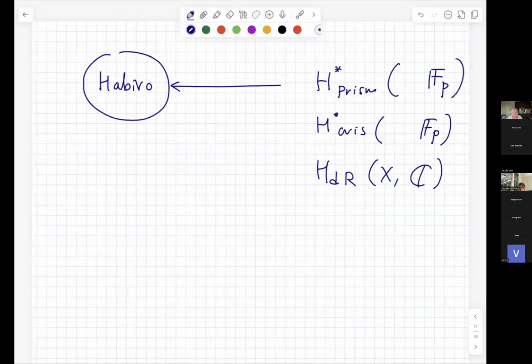And I believe what they discovered, at least there is a paper of Scholze called Q-deformations in arithmetic, which predicts, I'm not sure if it's constructed already or it's an ongoing process, that there exists some kind of Q-cohomology, which they call Habiro cohomology.